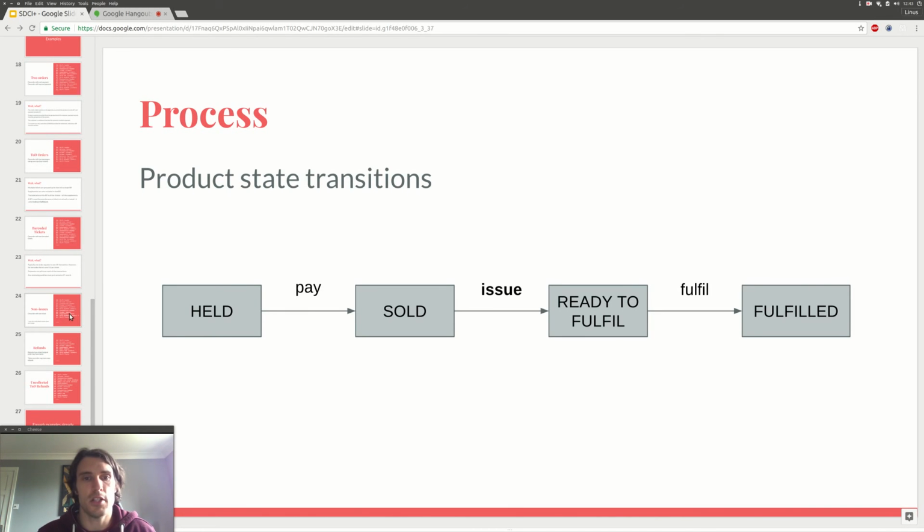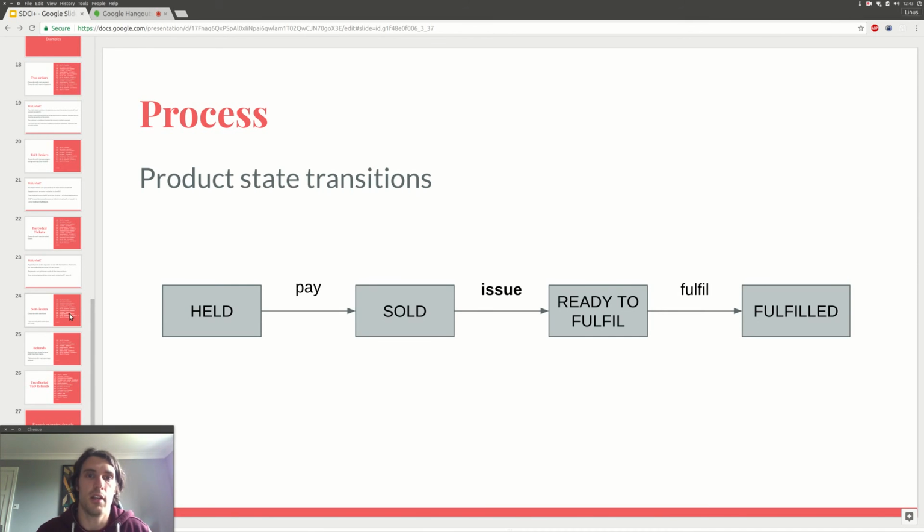So I think I mentioned earlier that SDCI Plus plays quite a key role in the TIS as a whole, in the architecture of that and in the process. Now, every product in a TIS is modeled in a finite state machine.